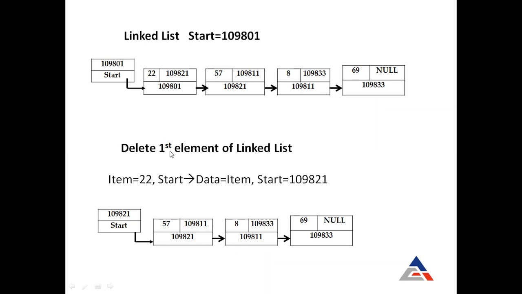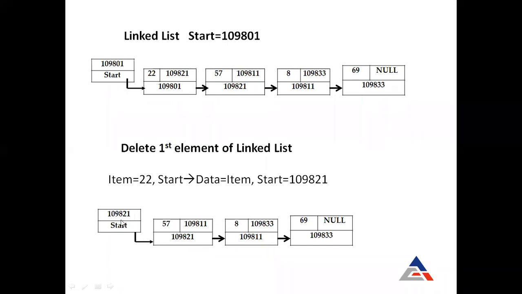So delete the first element of the linked list. If I delete the first element, then the starting address will change. Earlier, the starting address was 109801. If I delete the first node, it gets removed, and now it starts from 109821.